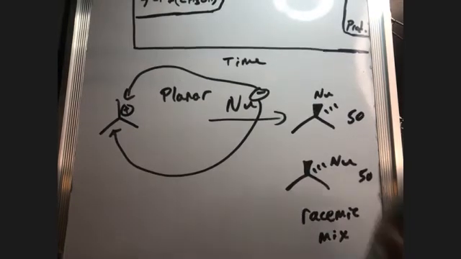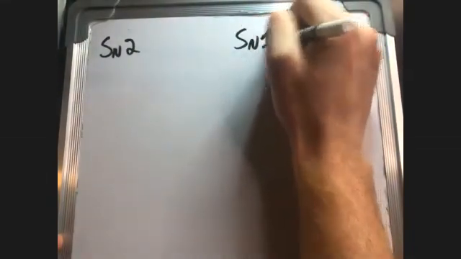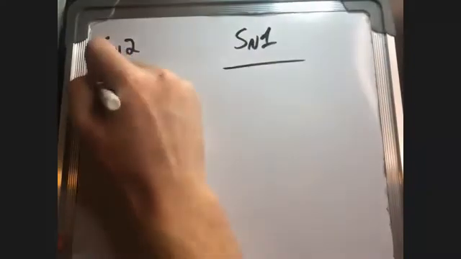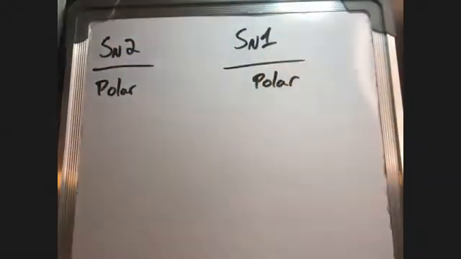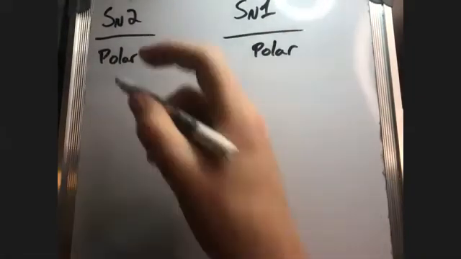Okay. Not seeing any questions. So solvents. Both of these prefer polar solvents, first of all. So Sn1 and Sn2. Sn1 prefer polar solvents. And you can think about this, it's relatively easy to understand why.